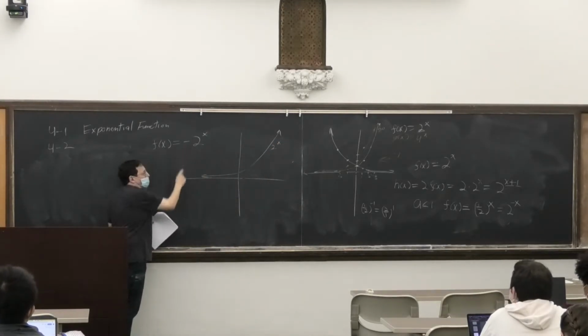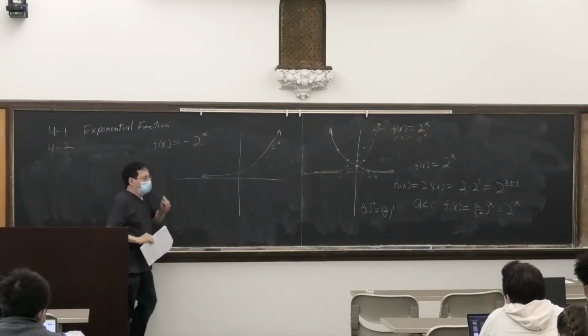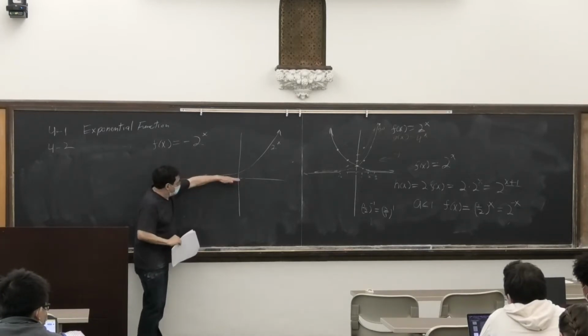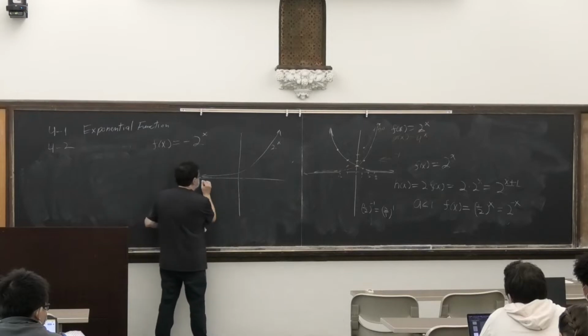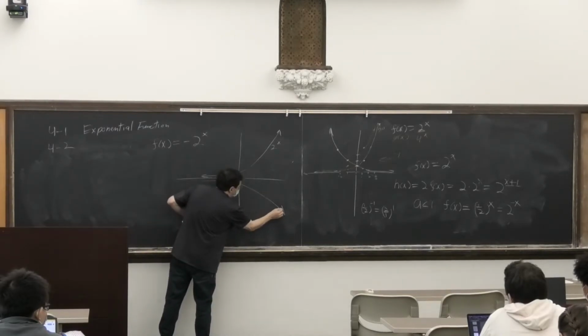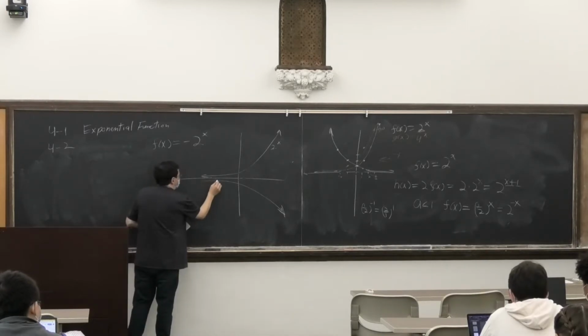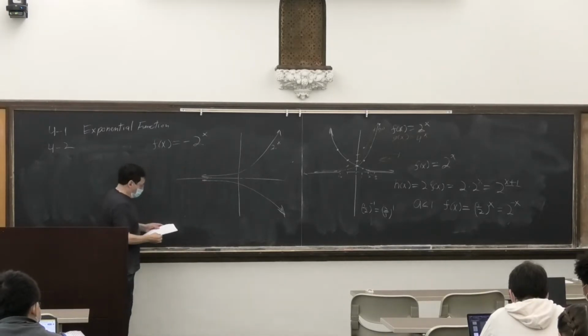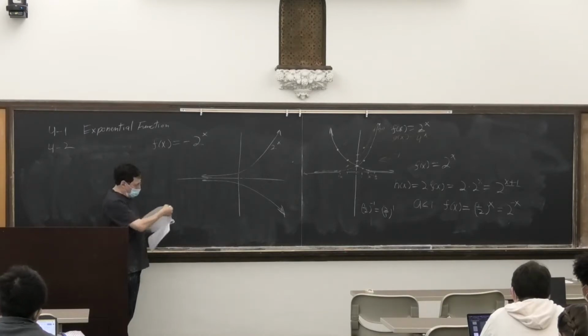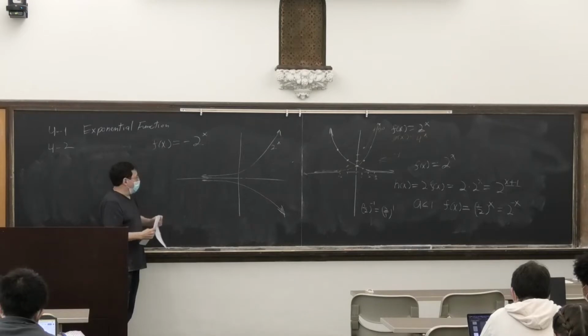What happens here? Yes? It gets mirrored over the x-axis, right? But otherwise, it's the same kind of function, same shape. All right, so those are some basic things about exponential functions.